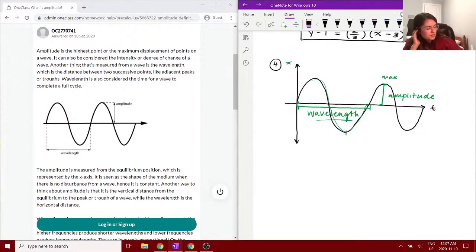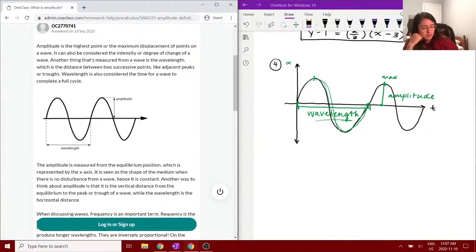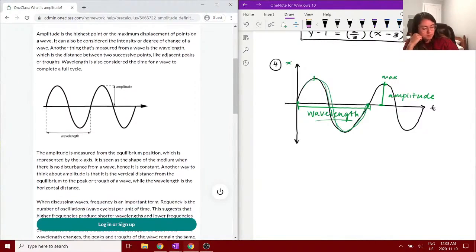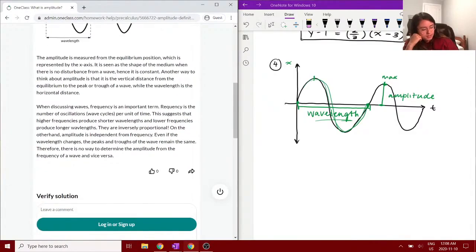So the distance between two troughs, which are the minima, or the distance between two maxima, should be the same as the distance from this point where x is equal to 0 to this point, after one full cycle. It says here wavelength is also considered the time for a wavelength to complete a full cycle. All right, let's keep reading.